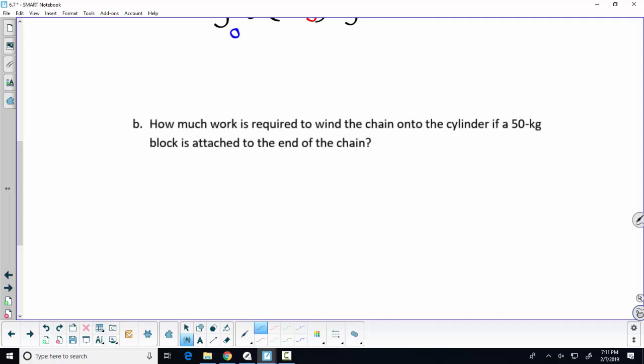Break the weight of the block into density and gravity. Right, density, gravity, and mass would give us the work, wouldn't it? Yeah. So I guess there's a couple of ways to think about it. The total work is equal to the work of the chain plus the work done by the block, I guess.